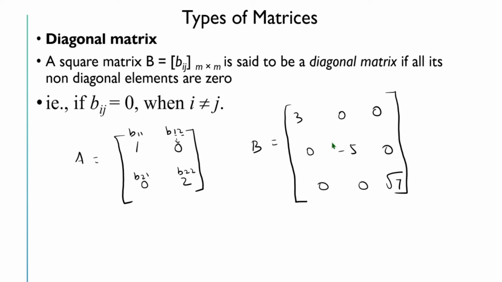Similarly, if we take the matrix B, we have only the diagonal elements as non-zero. All the other elements are 0. So only B11, B22, B33 are non-zero. In all these cases, we have i not equal to j. So, if Bij is equal to 0 when i is not equal to j, then we call that matrix a diagonal matrix. So, these are diagonal matrices.